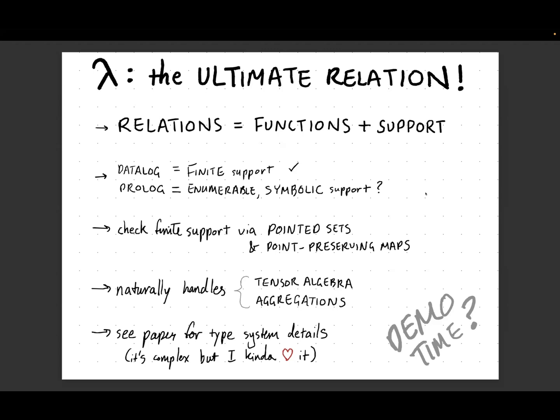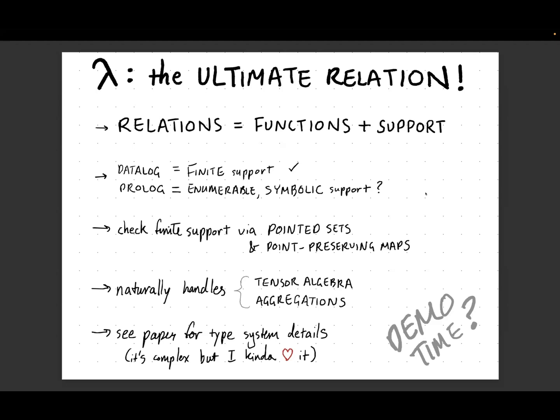It enumerates a bunch of symbolic representations of the things that would make the predicate true. If you want to check support, you're going to need to know about pointed sets because those are needed to define support. And you're going to want to talk about point preserving maps because those are the ones that preserve finite support. And once you do this, you've naturally got a system that handles tensor algebra and aggregation, which is nice because everybody wants aggregation, and tensor algebra is pretty useful too.